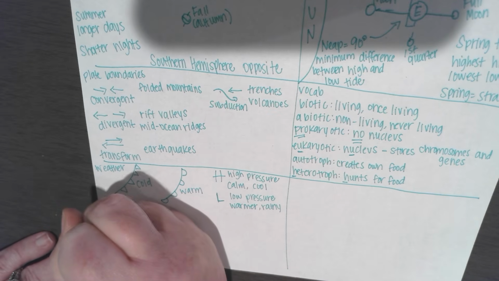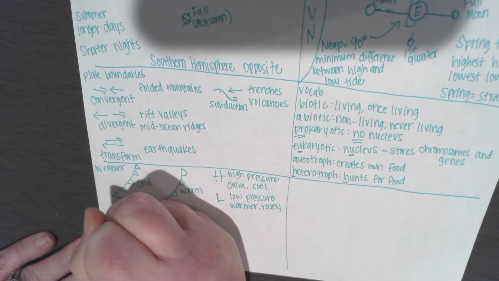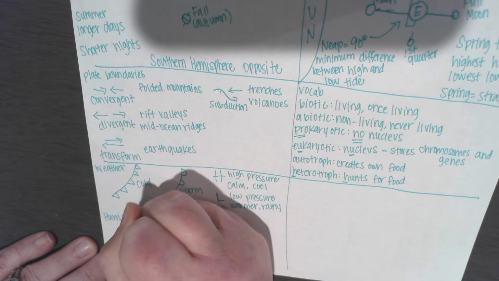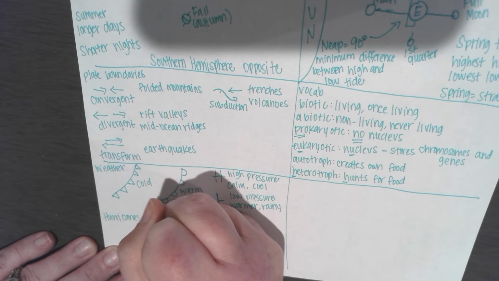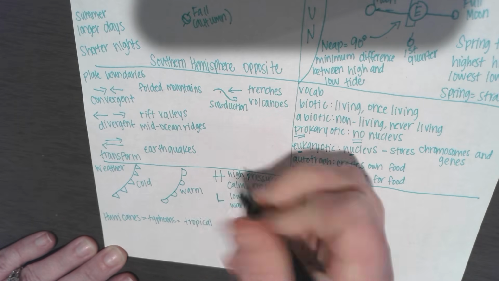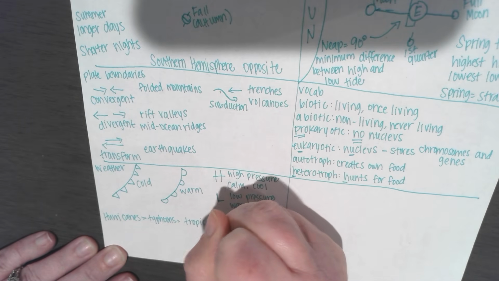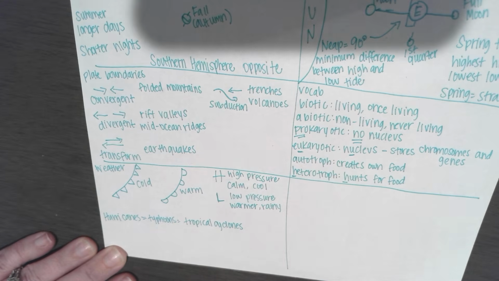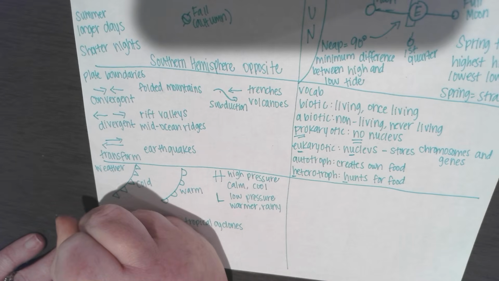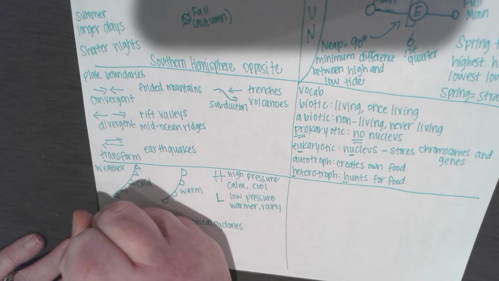Then we've got hurricanes. So hurricanes, typhoons, are tropical cyclones. Remember, they're all the same kind of storm. It just depends where on the earth you are, what you call it. And to have one of these storms, you need warm, humid air.